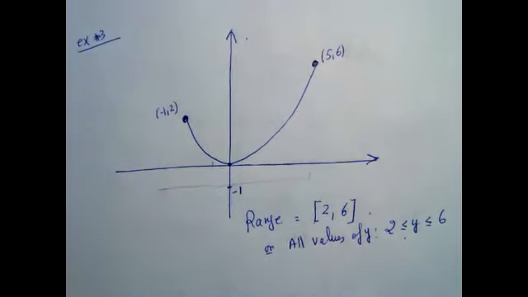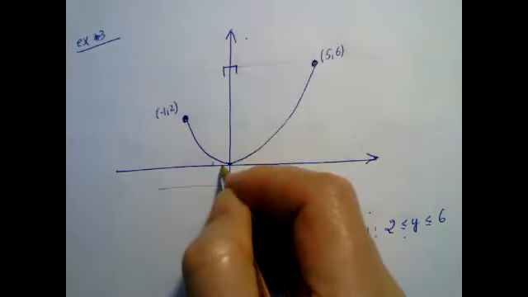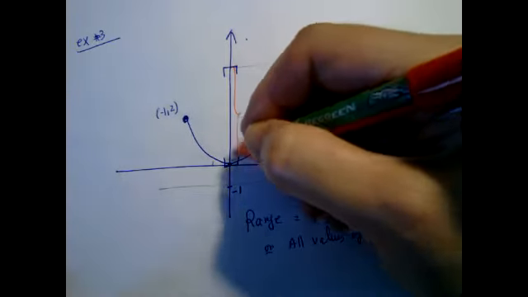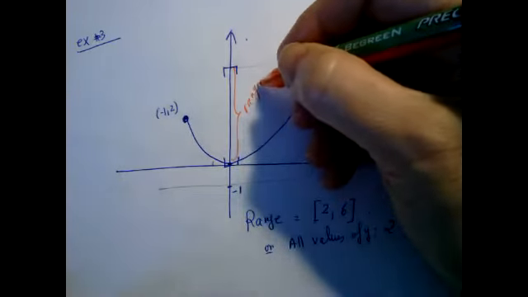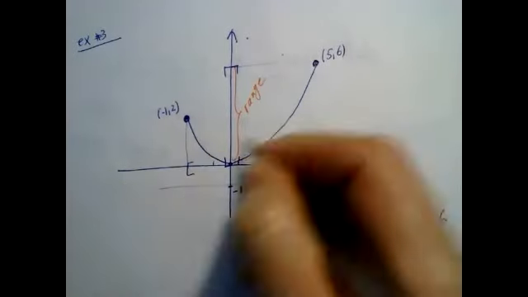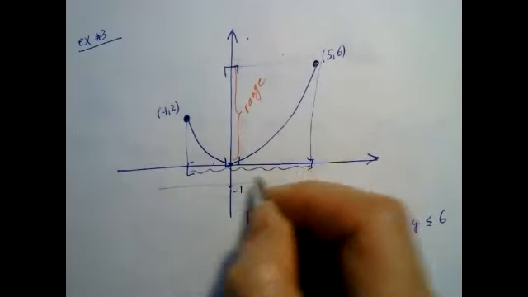What's the domain? So for the range, that's the range from here to here. That's the range. Okay, that's the picture. What's the domain? From -1 to 5. Absolutely correct. So the domain is the x values. So that's the domain.